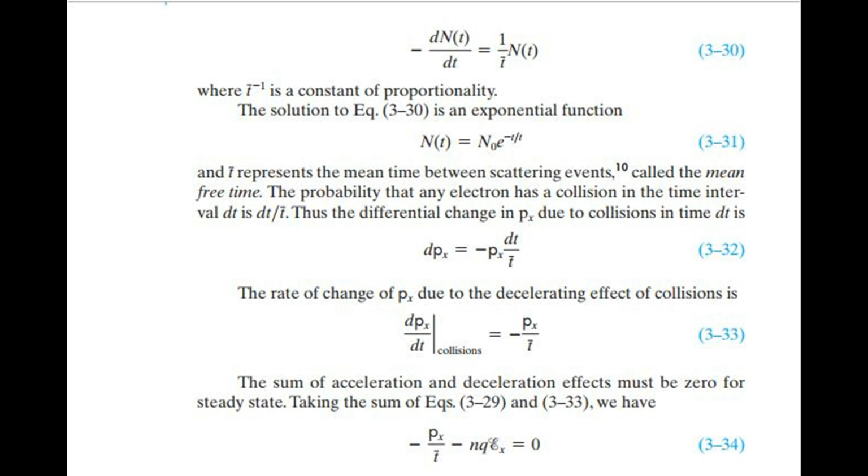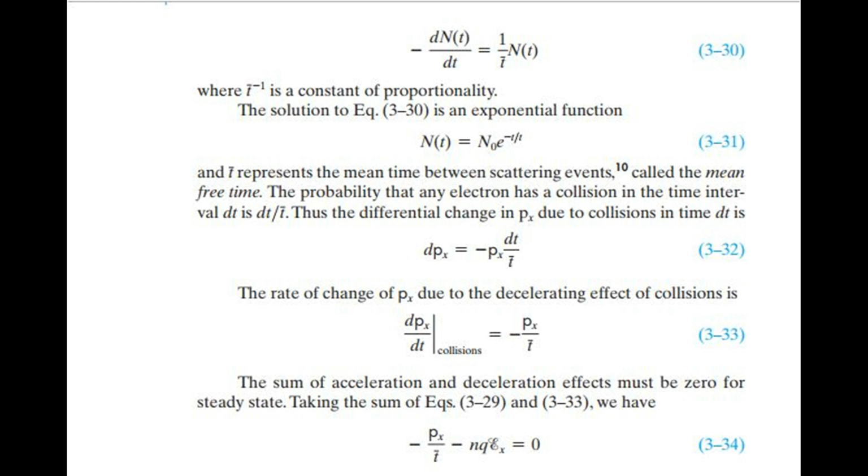The solution to Eq 3-30 is an exponential function, and τ represents the mean time between scattering events, called the mean free time. The probability that any electron has a collision in the time interval dt is dt/τ.